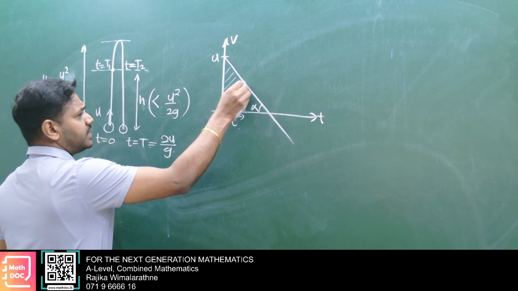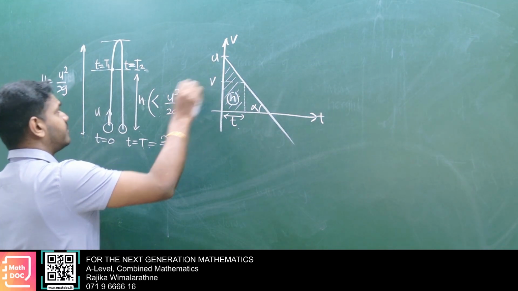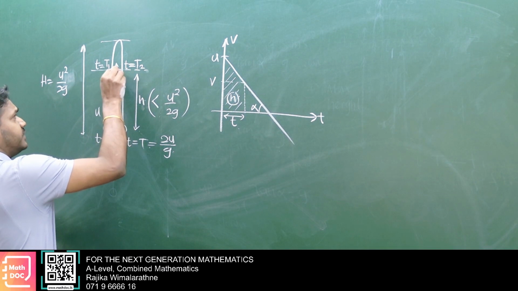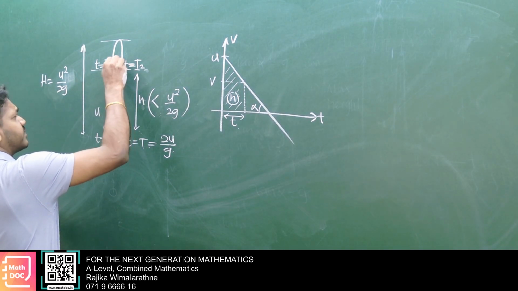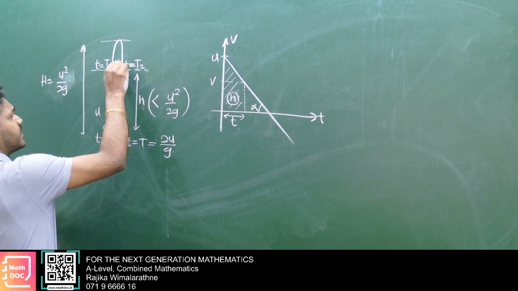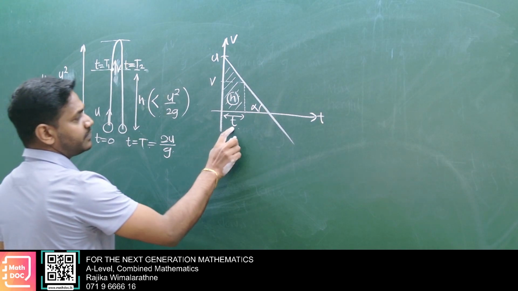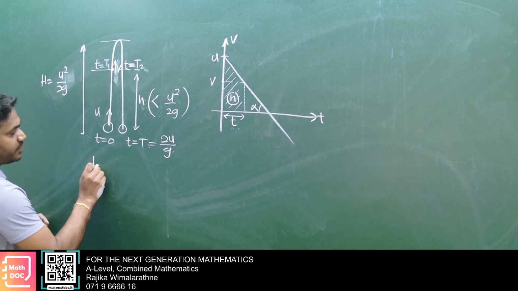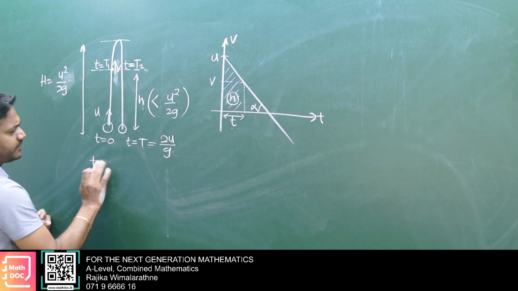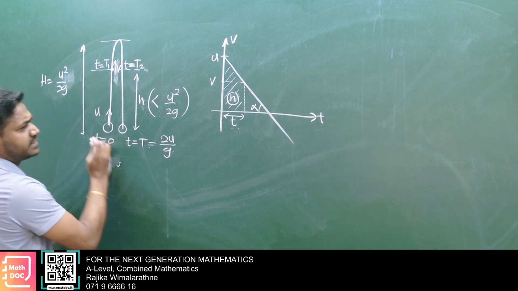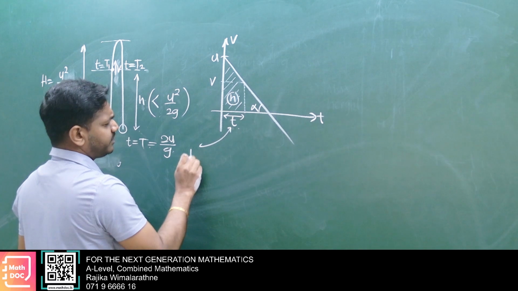Okay. Let this velocity v. Then here time t. Then simple t has two possibilities.